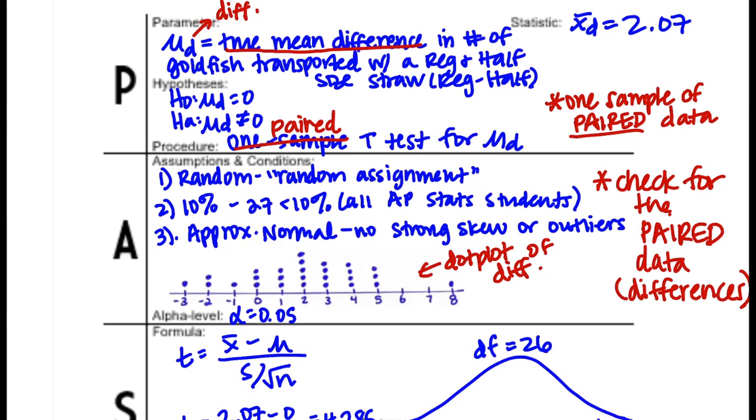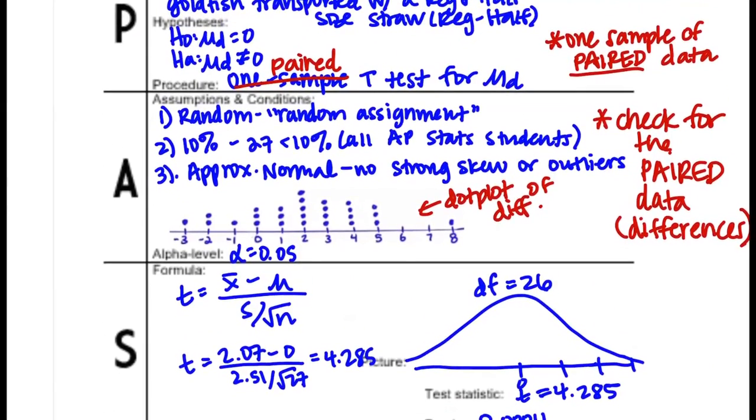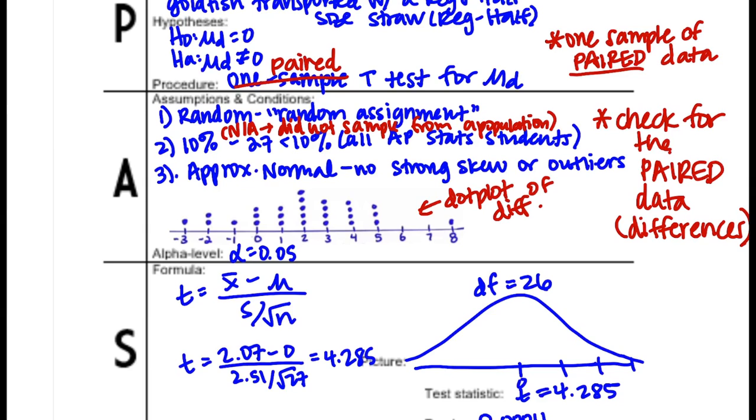Here we randomly assigned. Again, the 10% is really not applicable because we did not sample without replacement from a population. We randomly assigned instead. So it's really not applicable there.